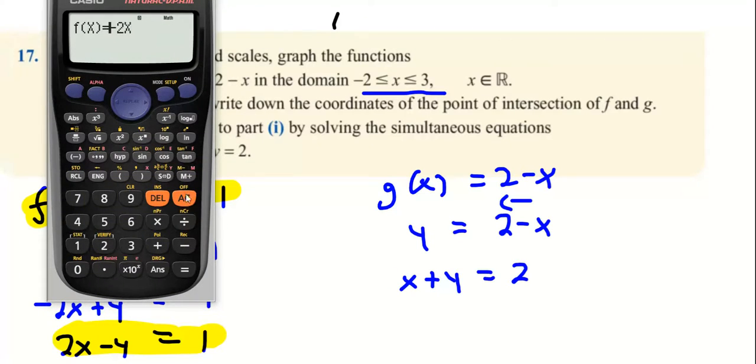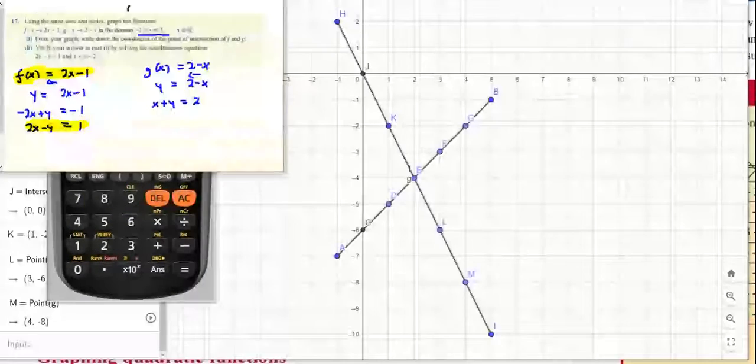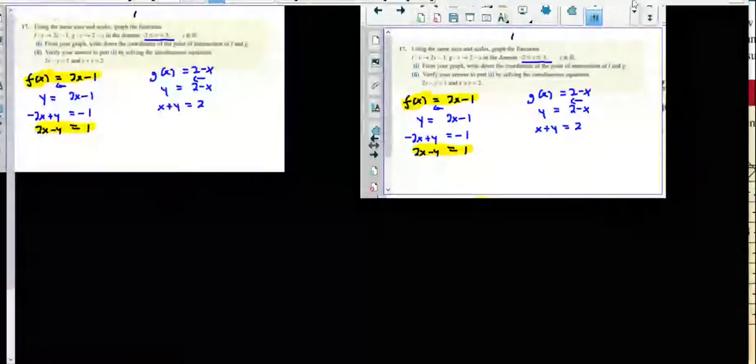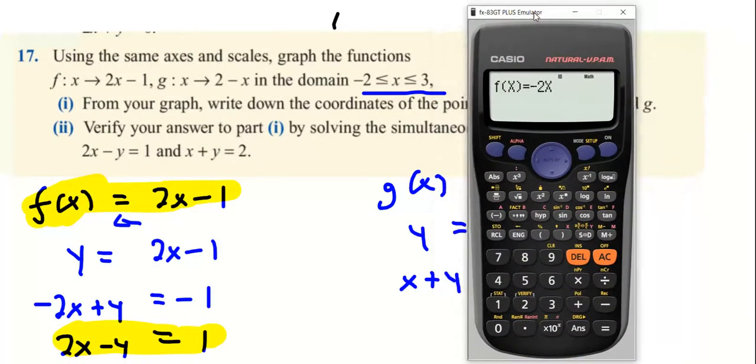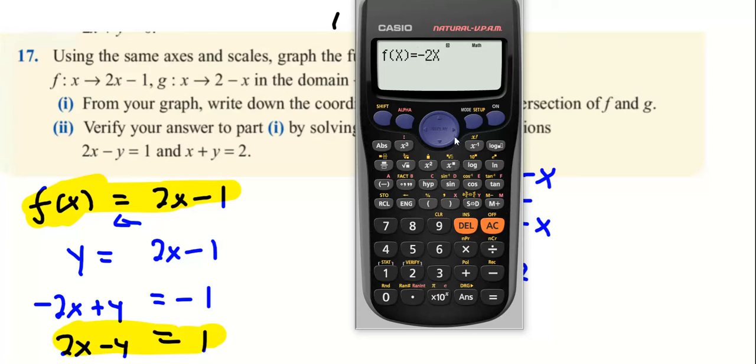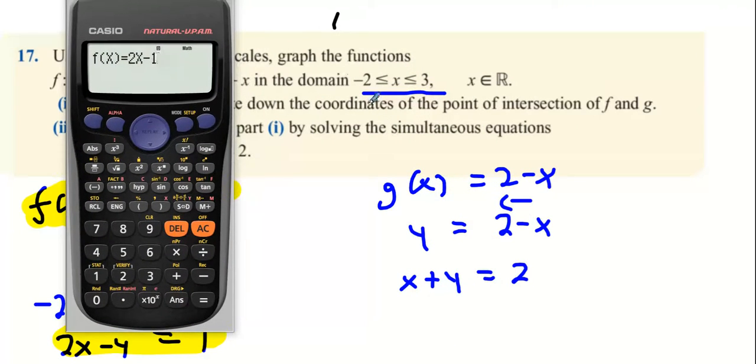Once again, I'm just going to do my little trick here. And my trick is to do 2x minus 1. I'm starting at -2 and I'm ending at 3.